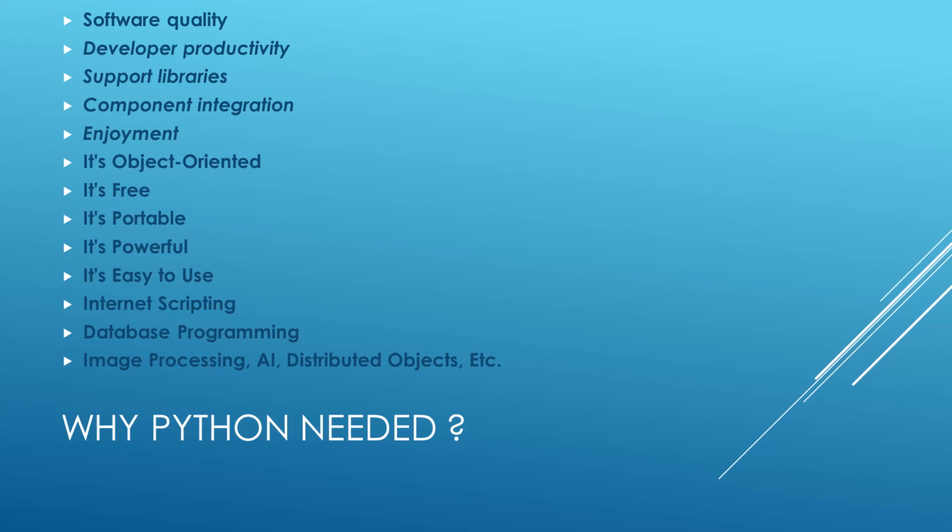Internet scripting. Python comes with standard Internet utility modules that allow Python programs to communicate over sockets, extract form information sent to a server-side CGI script, parse HTML, transfer files by FTP, process XML files, and much more.